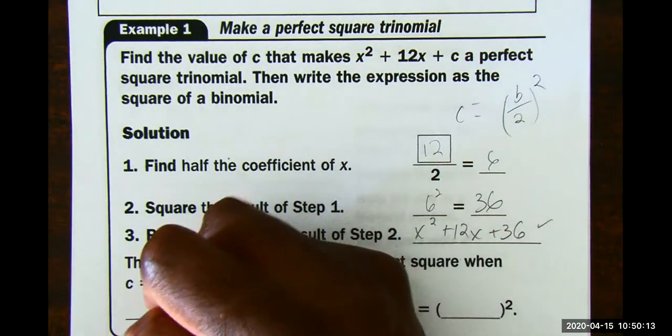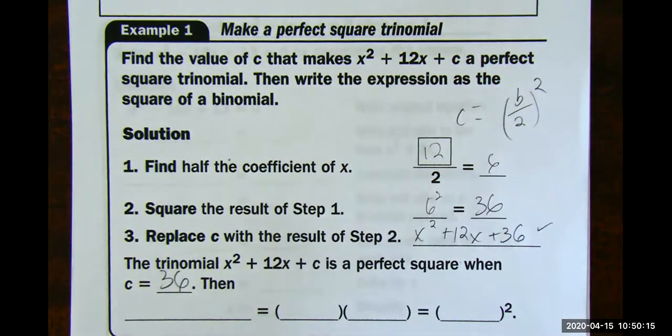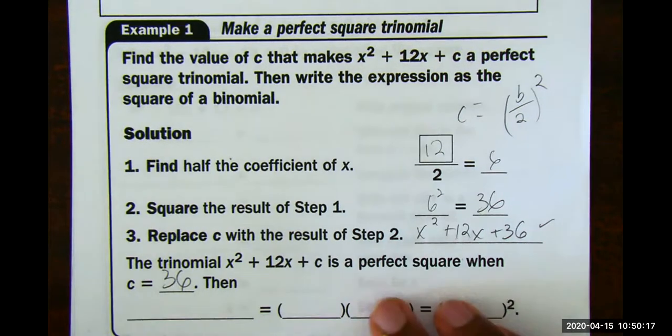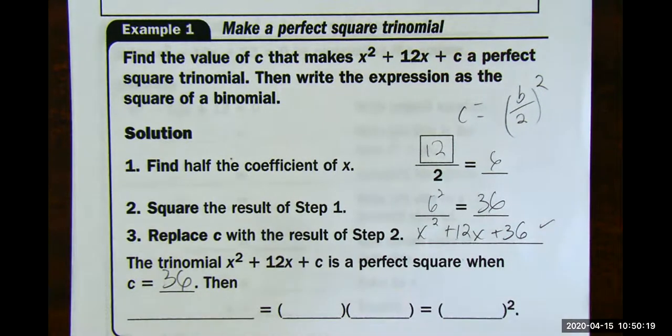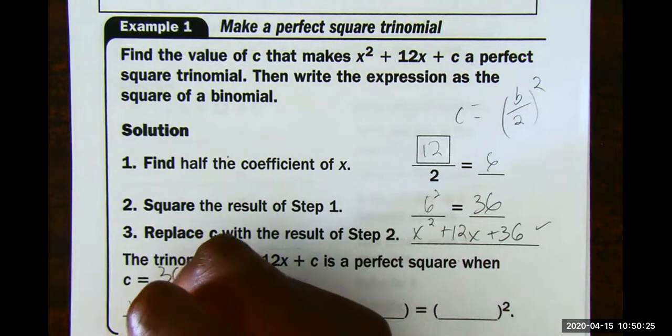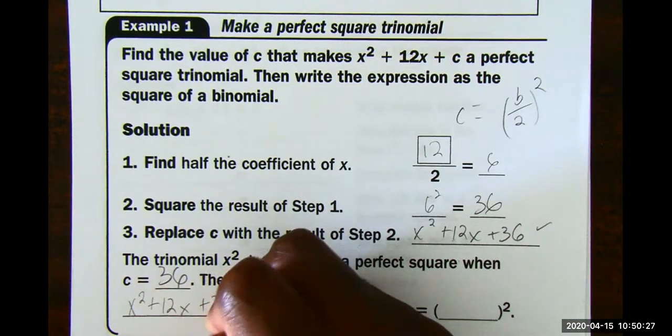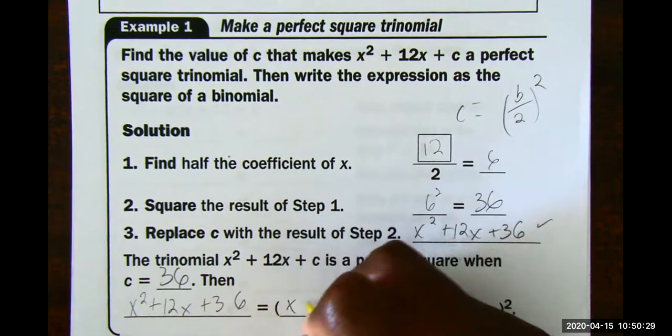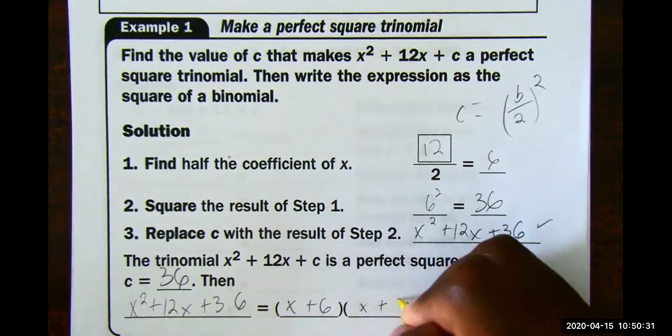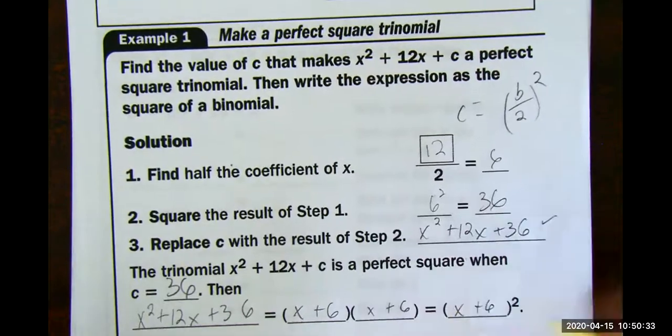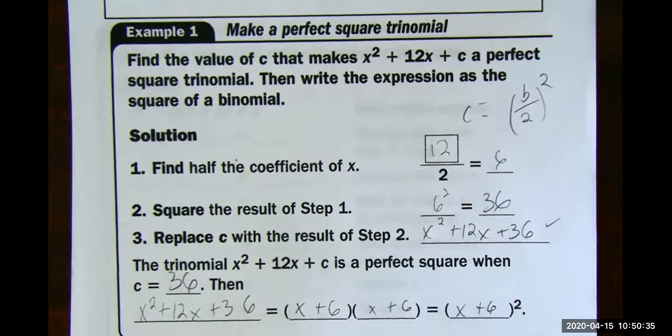So c equals 36. I'm just filling these guided notes in. Again, feel free to pause the video if you need, work it out on your own, and then check. x plus 6 squared, look at that. Hooray.